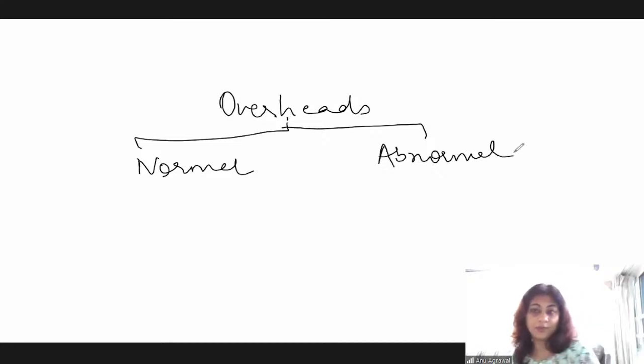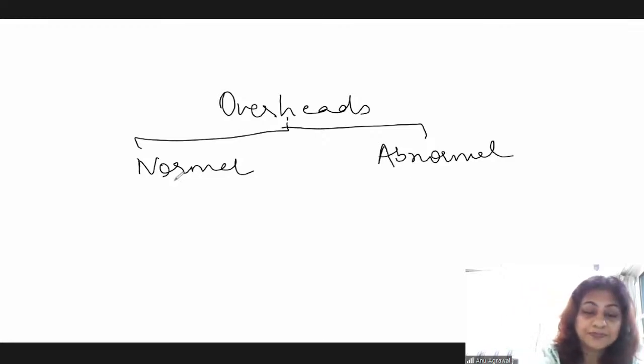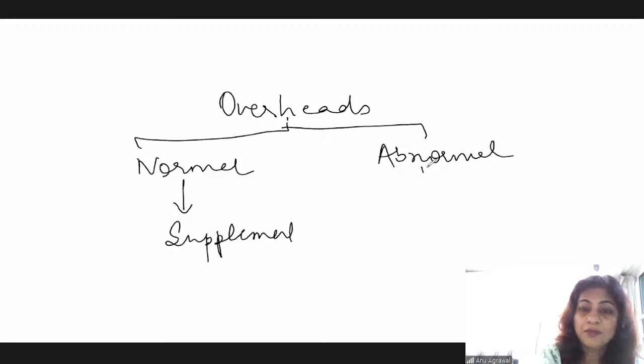After the overheads were not fully absorbed, we used to find out what was the reason for overheads being under absorbed, right? And after finding out the reasons, if it was normal, we used to find out a supplementary rate, remember? And if it was abnormal, we were transferring it to costing period.